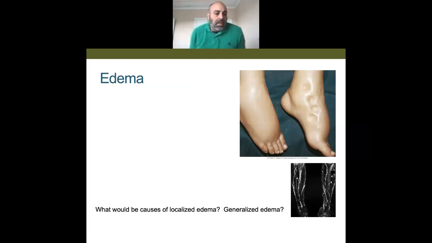And then non-pitting edema, that is like fluid overload, so congestive heart failure, for example. With pitting, they pinch down with their hand, and it pits and stays for a little bit until the fluid migrates back in.